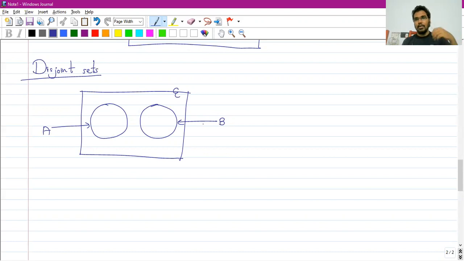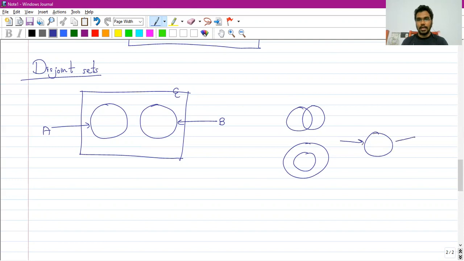And can anyone say, is there any common element for these two sets? Is there any common element when you see these two disjoint sets? No, the answer is no. Because if they had common elements, they would definitely be like this, or one inside the other, or both of these would be the same set.